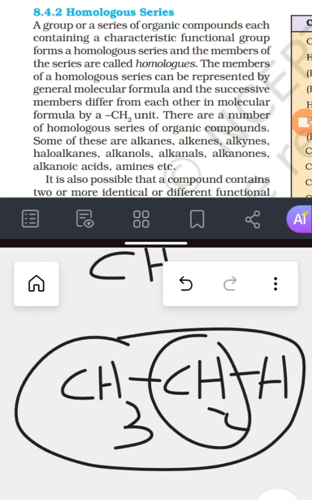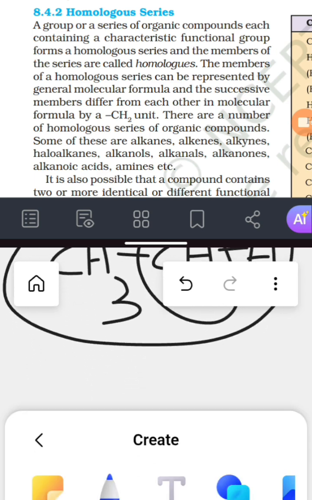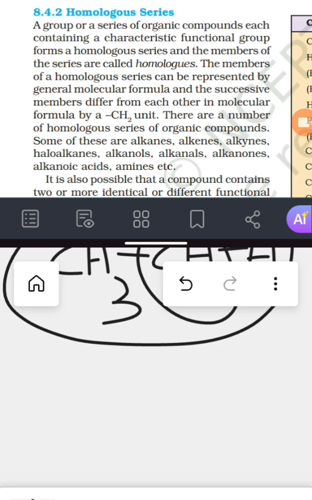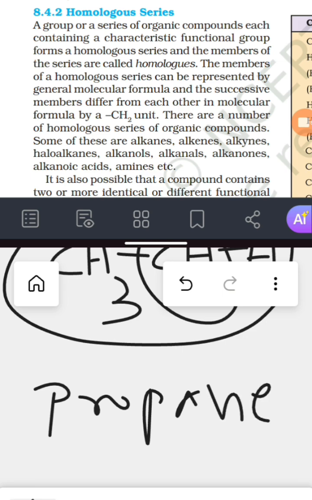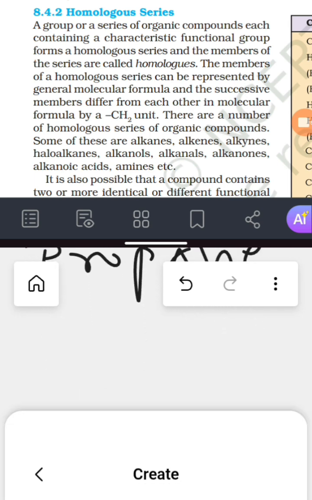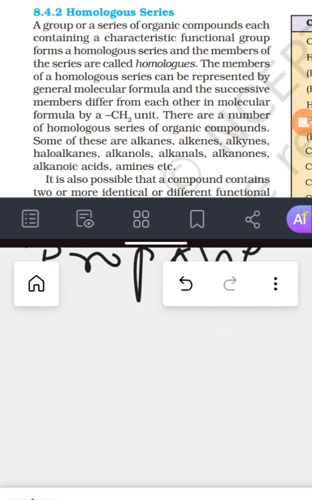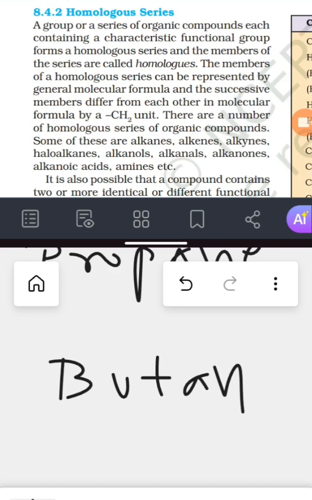In the same way, if I incorporate CH2 group in ethane, it becomes propane. And in propane, if I incorporate CH2 group, it becomes butane. That means just by incorporating CH2 group in the series, the next higher member is obtained.